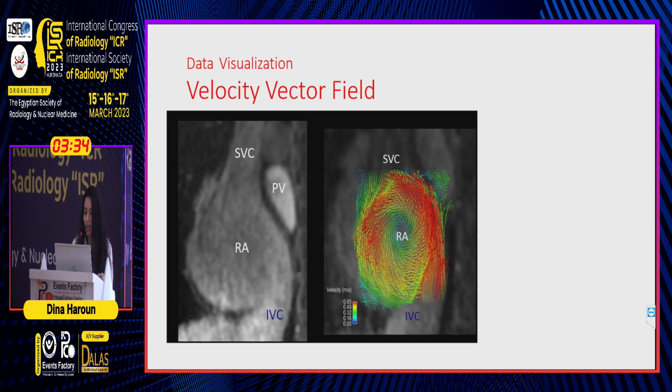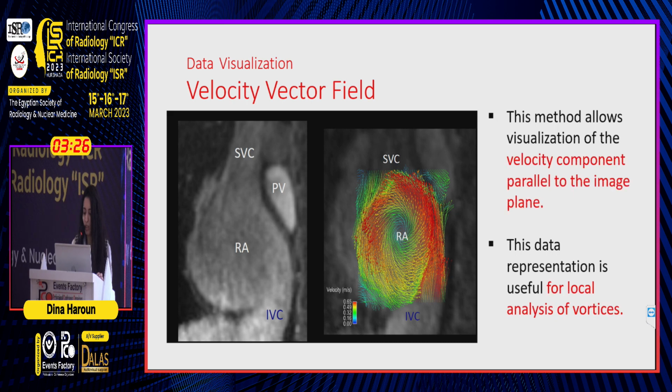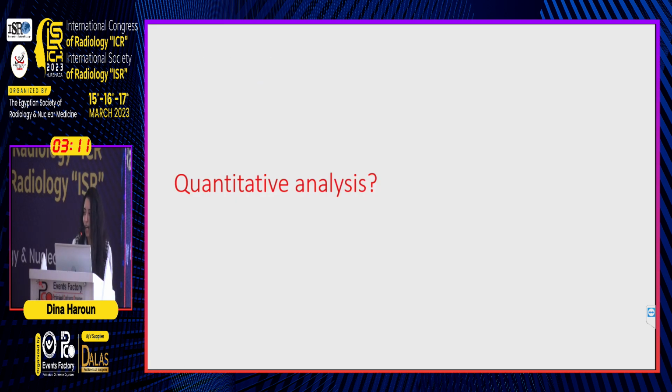But in the vector velocity field, the lines are according to their direction as well. And this is important to detect the vortices of the blood flow. Like these lines are directed upward, these are directed downward, and with their velocity as well. Okay, how do we do the quantitative analysis of the 4D flow?